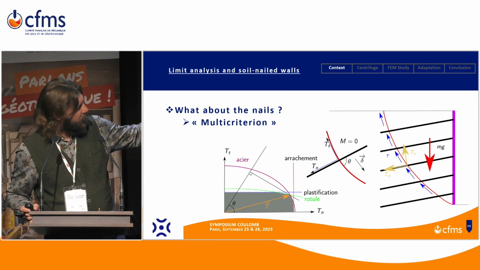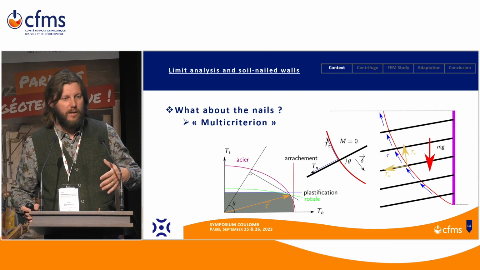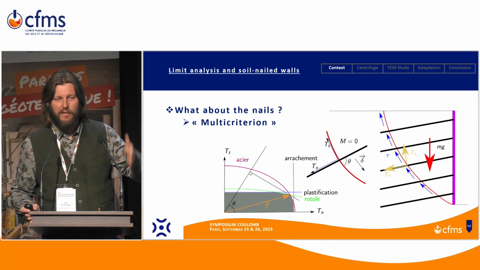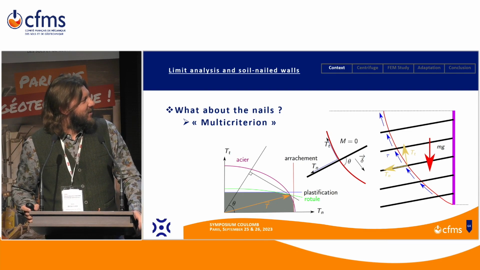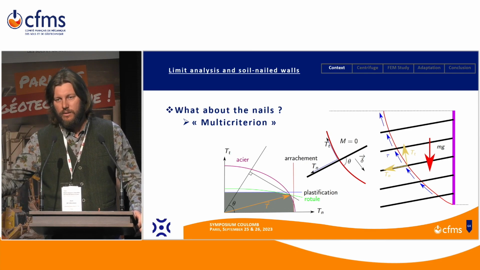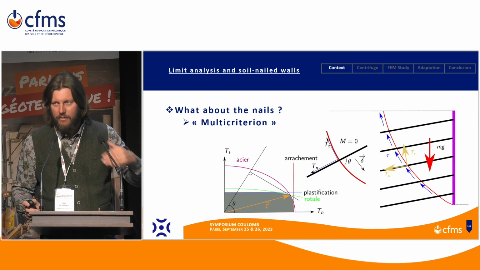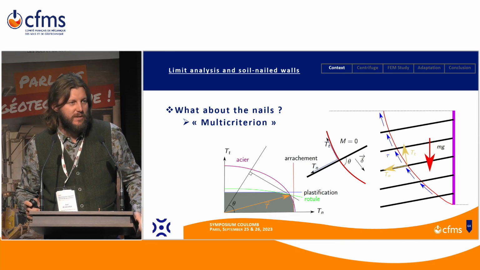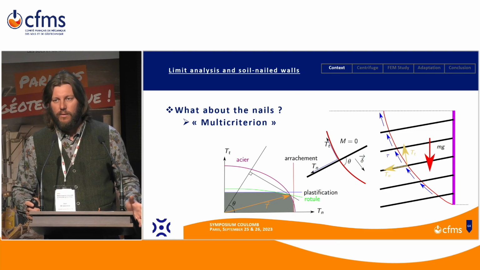And the 2 other criteria are either the plastification of the soil under the nail, like a butter knife, or the development of a hinge in the nail, which induces plastification in the soil. So you combine these 4 criteria.